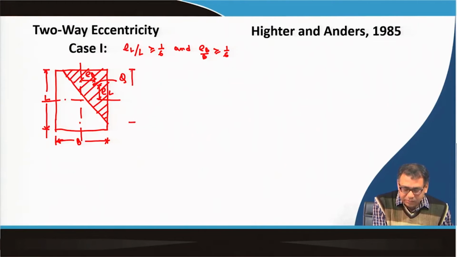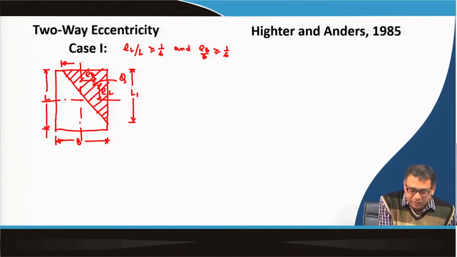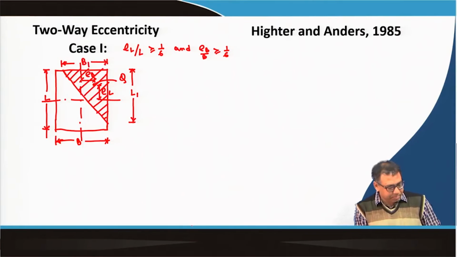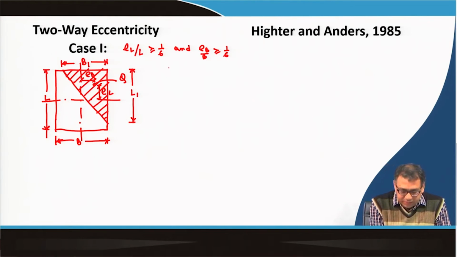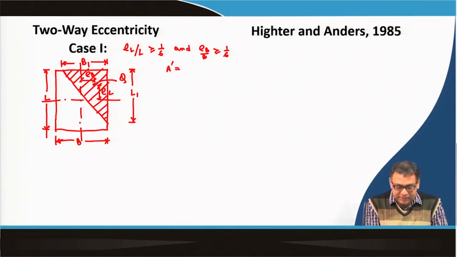Now I can write that this is equal to L_1 and this one is equal to B_1. So, how can we calculate these L_1 and B_1, because that is important. My effective area A dash, this shaded portion, is the triangle.